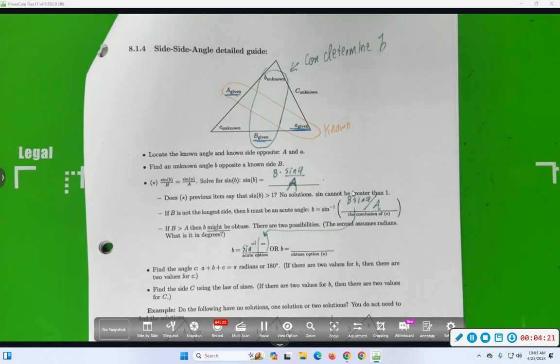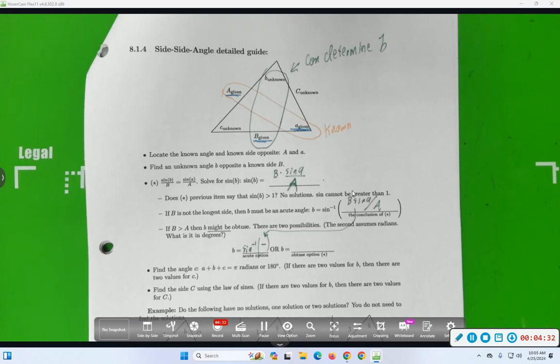How did you get the obtuse option once you knew the acute one? Yeah, you definitely do one or the other. Maybe flip back some previous pages for some examples. Pi minus the acute option.